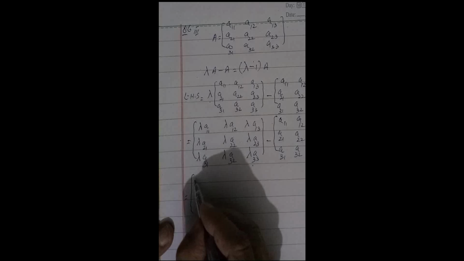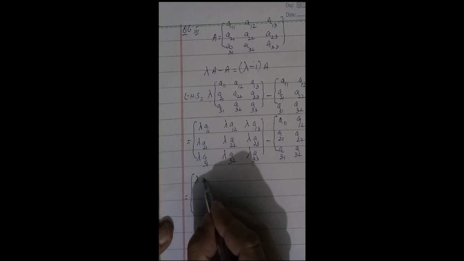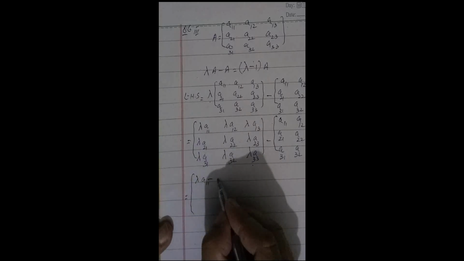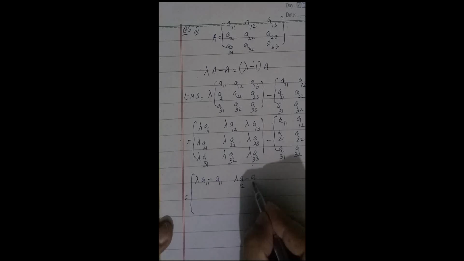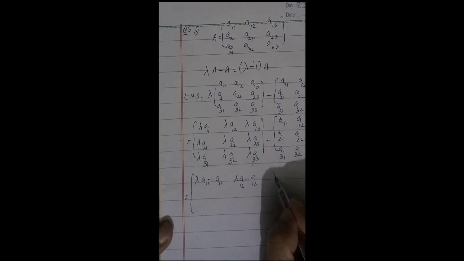Now we subtract both the matrices. We get lambda A11 minus A11, lambda A12 minus A12. Third is lambda A13 minus A13.